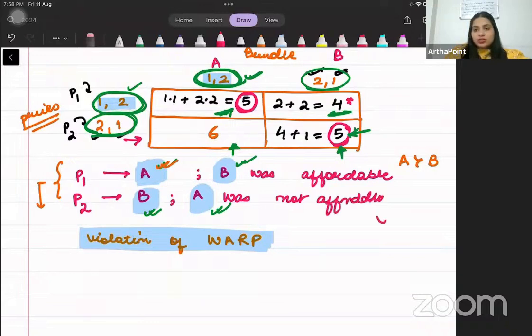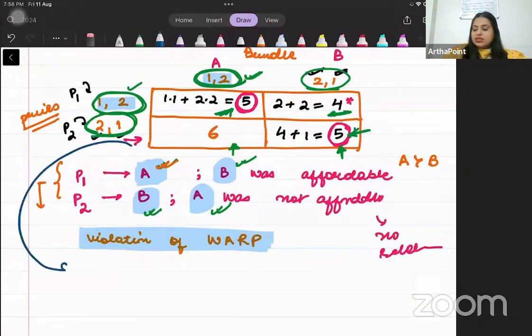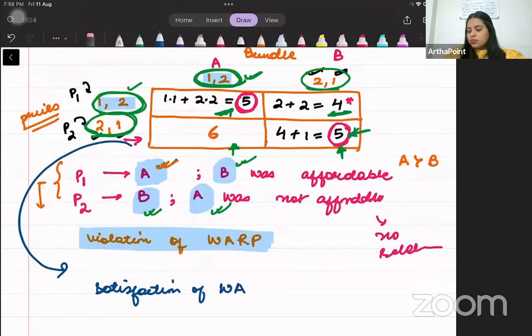So beta, no relation, because it was not affordable. If this happens, if the matrix is made like this, then it is satisfaction of WARP.